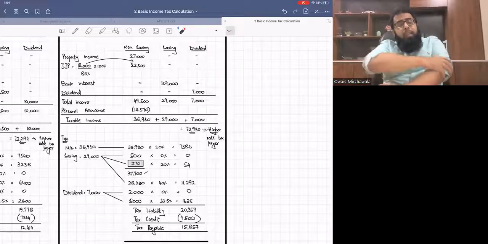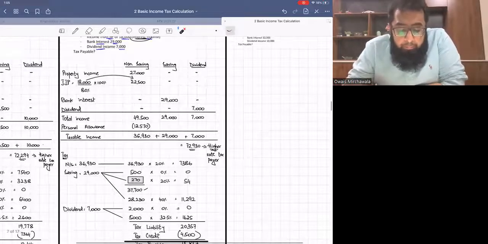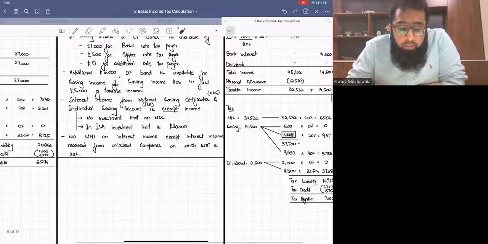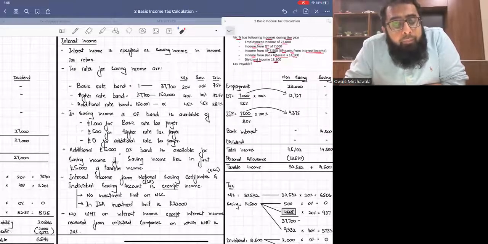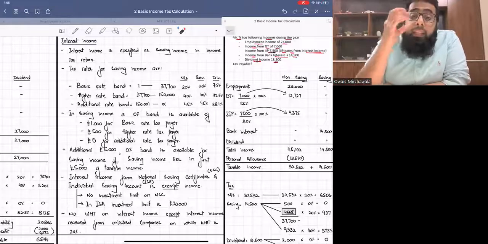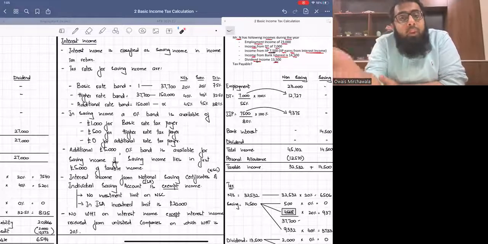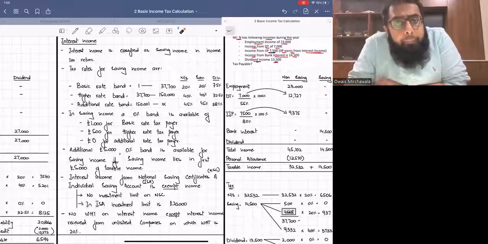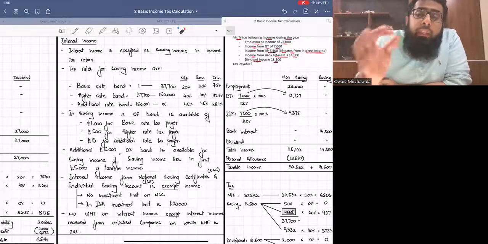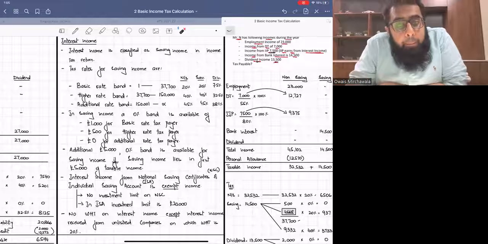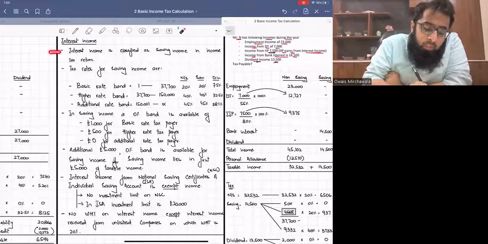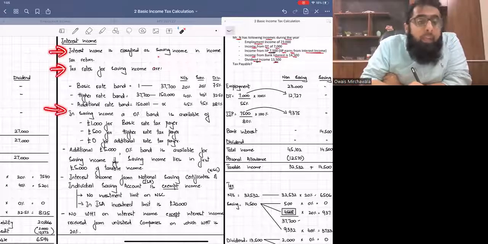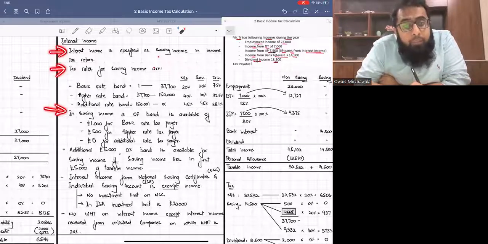So, when we talk about interest income, the interest income is classified as a saving income. The tax rates for saving income are same as non-saving. The only difference is a 0% band. We studied these 3 points and we did 3 practice questions.